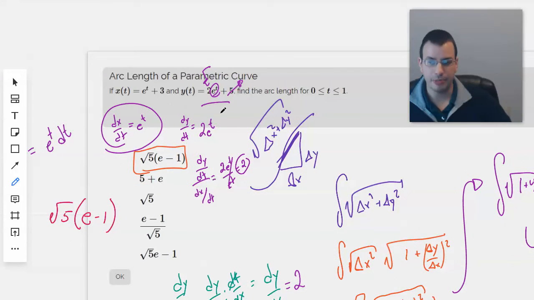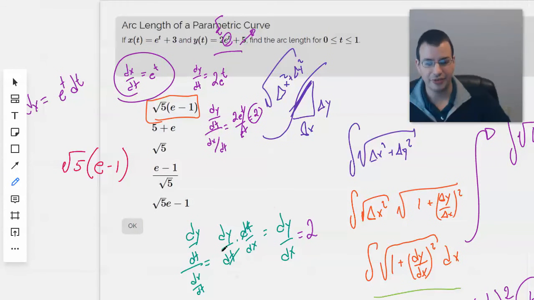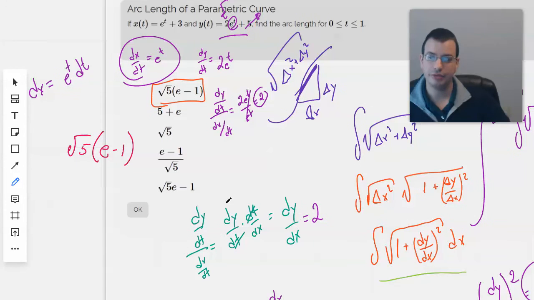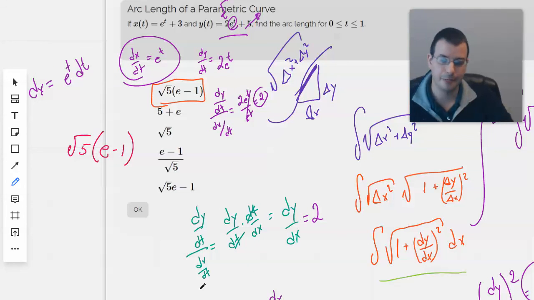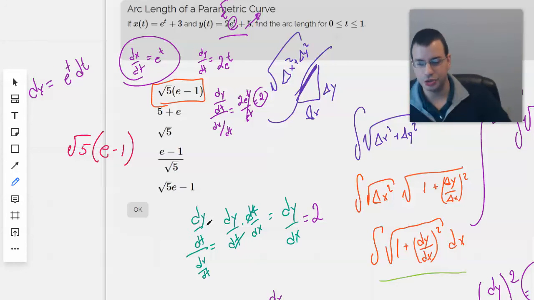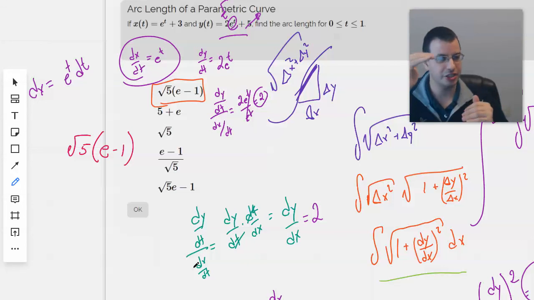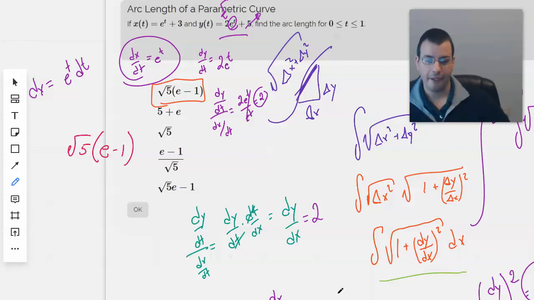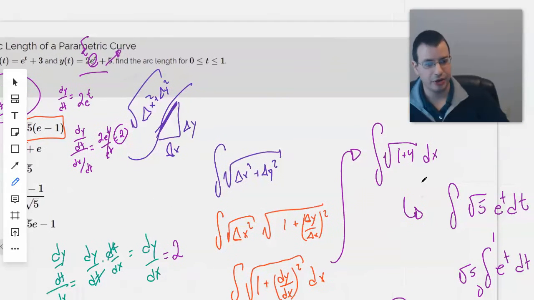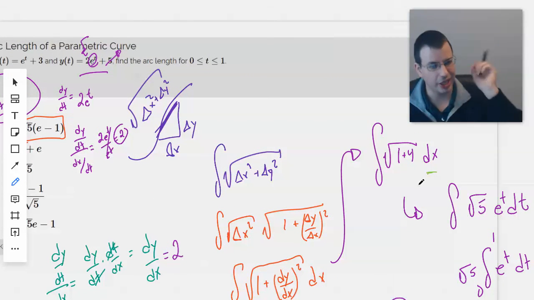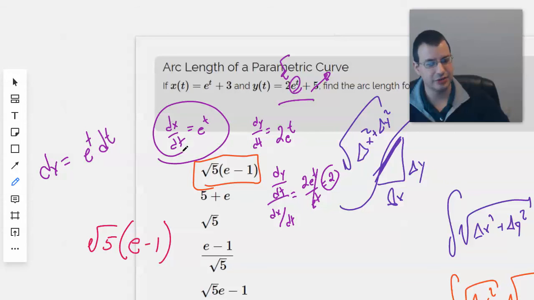Well, you have parametric equations, so you have to find dy dx using dy dt over dx dt. And that's not hard, but you should do it a couple times in life. So you divide two fractions, which is multiplying by the reciprocal, and you find your dy dx. Now, you write it all out, and you're left with this dx. But everything here is in terms of t. What do I do with this dx? Well, you already have your dx dt over here.